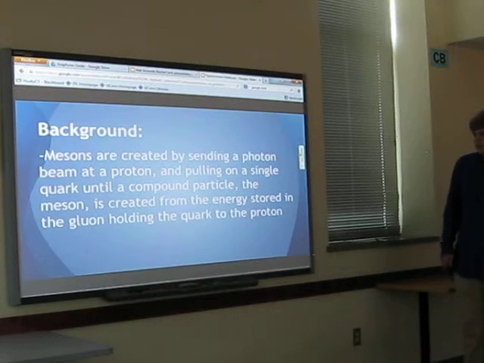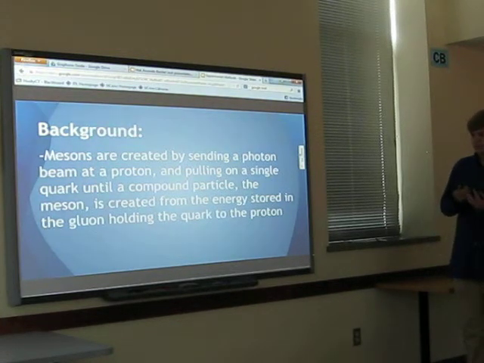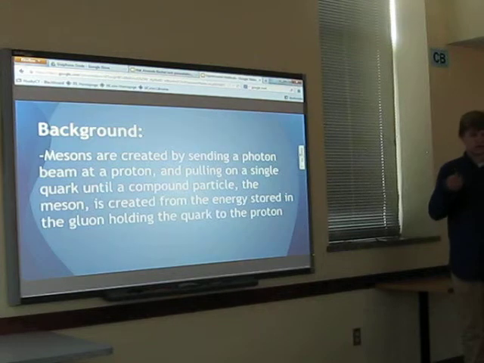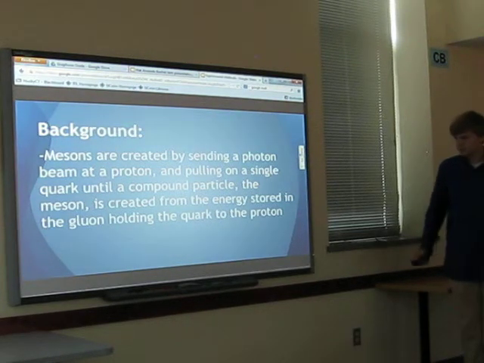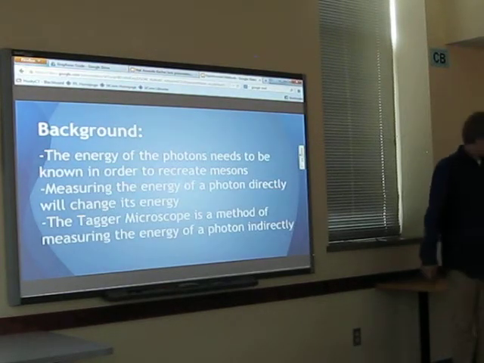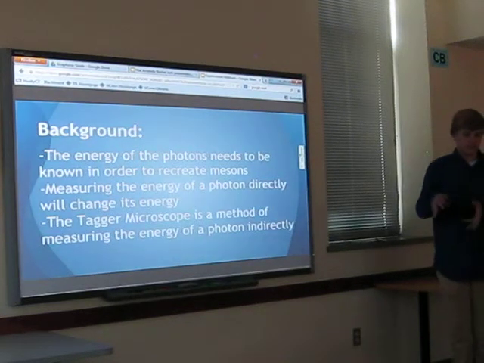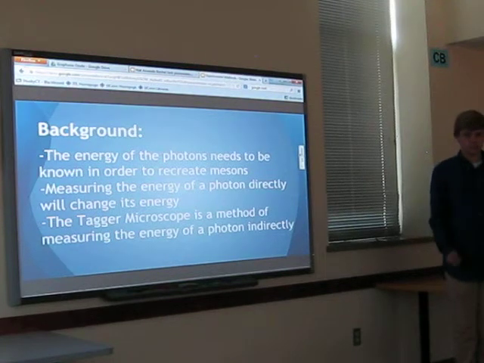So the way they're created is by sending energy at a hadron and pulling on one of the quarks until the amount of energy in the quark and the gluon creates new quarks and new mesons. So in order to recreate this process again, to get the same exotic mesons that we're hopefully going to observe, we need to know the energy of the photons.